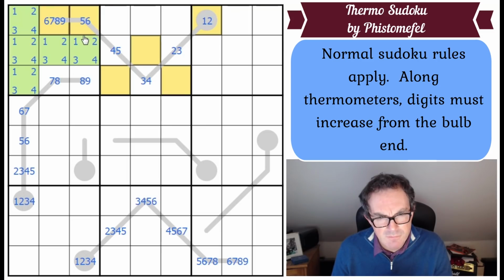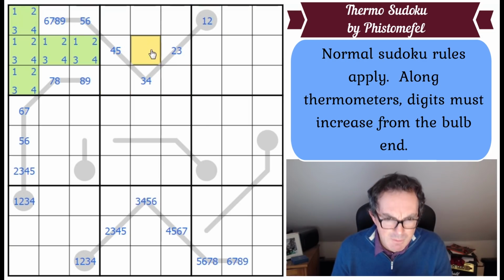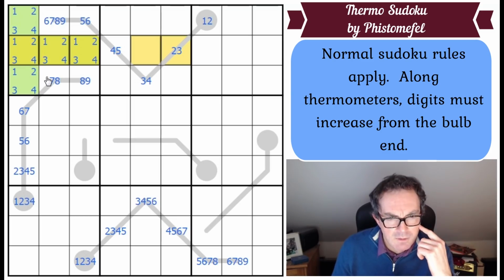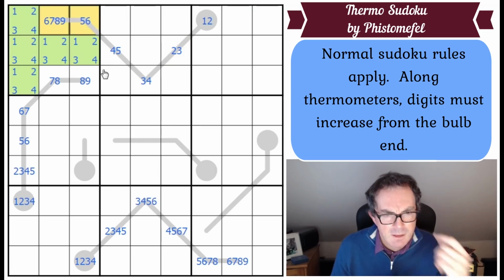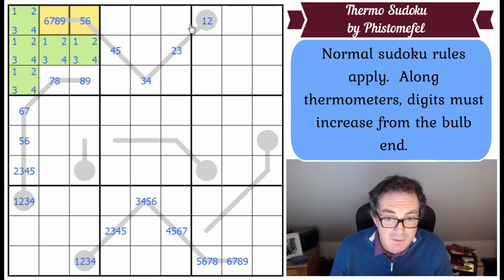So if that was the 1 or the 2... No, I think that's still got... Can't quite understand how this works.